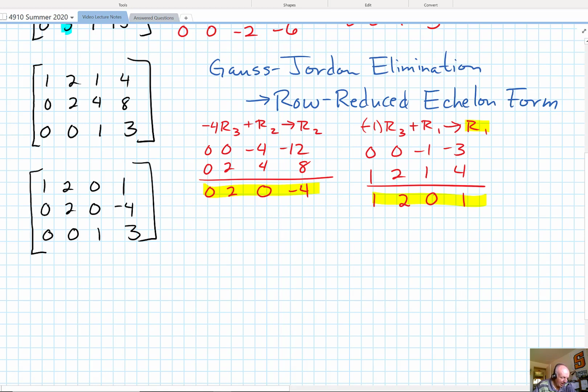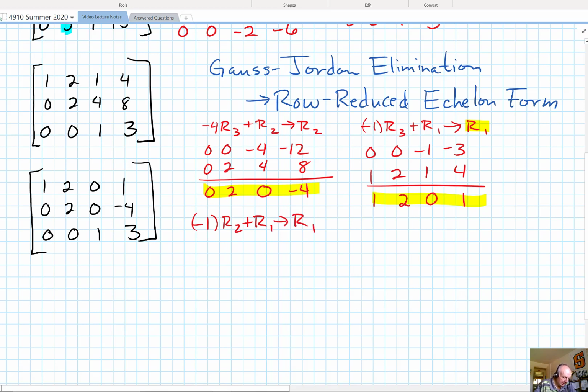And so we're good. We've got our 2 zeros above this leading term. Okay, so what we now need to do is back up. Here's a leading term. Let's get that to be 0. Okay, so we're going to go -1 times row 2, add that to row 1, replace row 1.